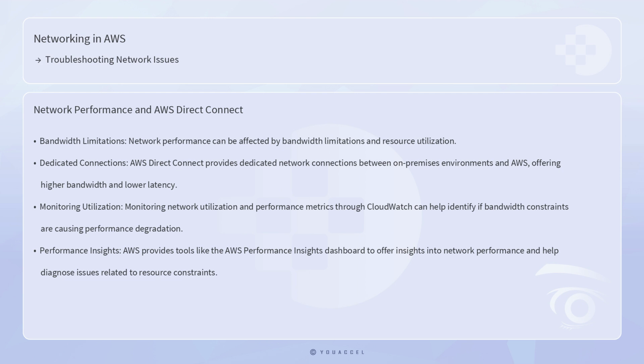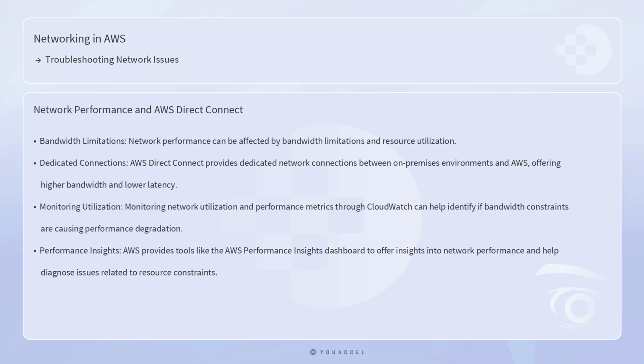Network performance can also be affected by bandwidth limitations and resource utilization. AWS Direct Connect provides dedicated network connections between on-premises environments and AWS, offering higher bandwidth and lower latency compared to internet-based connections. However, bandwidth limitations and network congestion can still occur. Monitoring network utilization and performance metrics through CloudWatch can help identify if bandwidth constraints are causing performance degradation.